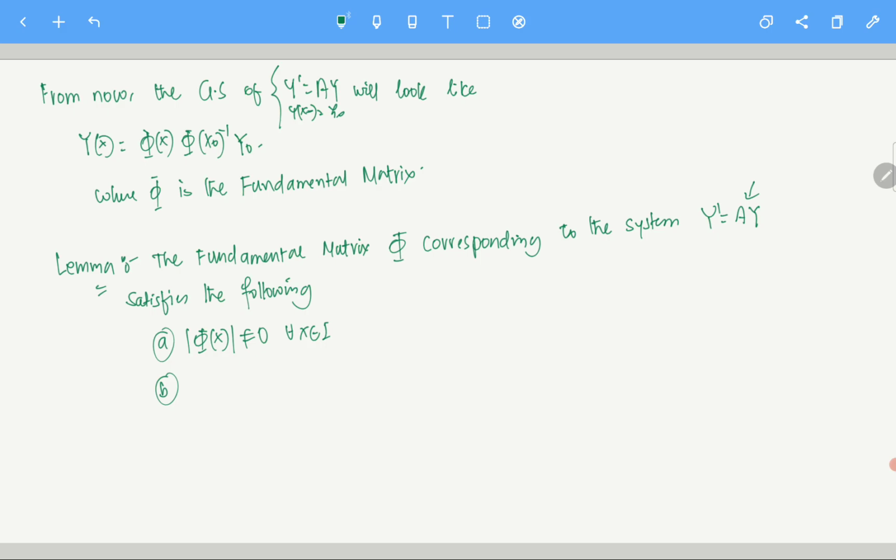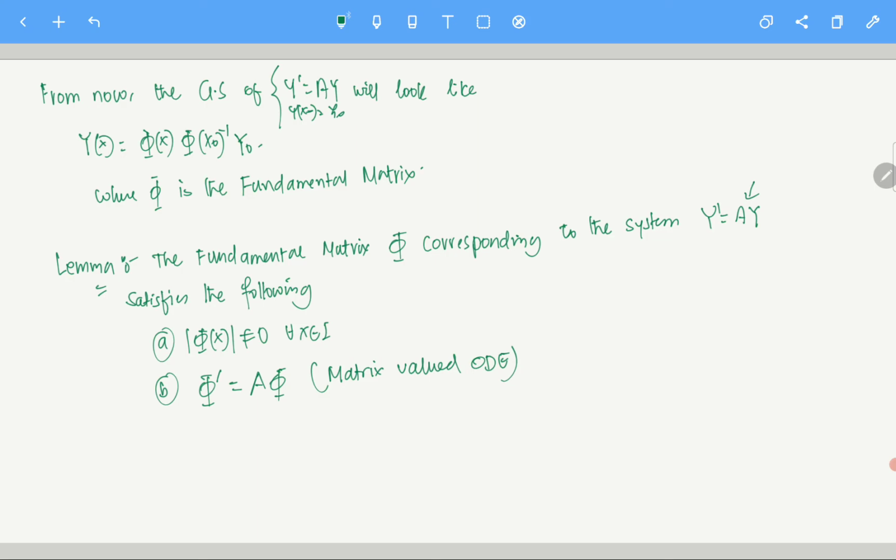And since they are linearly independent, mod phi is essentially the Wronskian, which is non-zero. But it also has this particular thing: phi prime equals to A times phi. What is this? This is an ODE. What sort of ODE is it? It's a matrix equation. It's a matrix valued ODE. Is it clear? It's a matrix valued ODE.